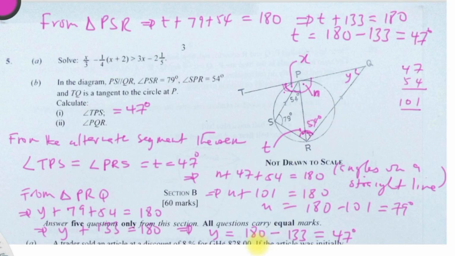So PQR, which is y, also happens to be the same 47 degrees. Amazing. So both angles are equal. So this is also 47 degrees.